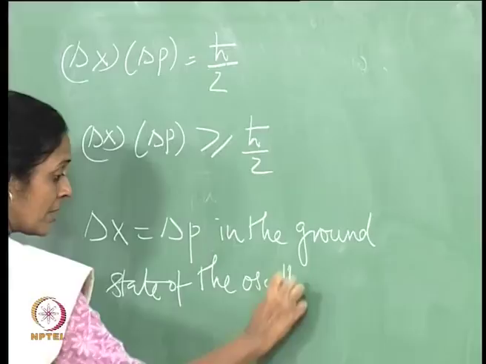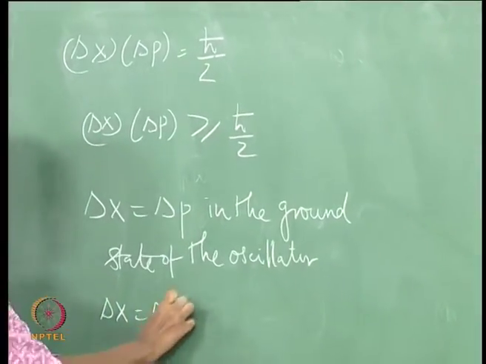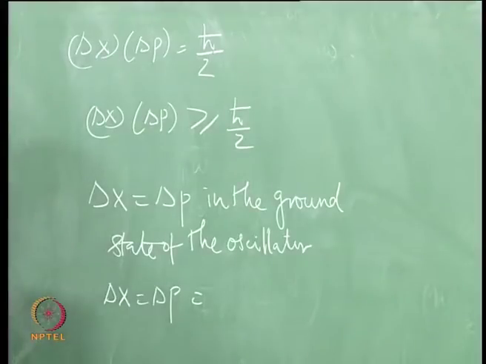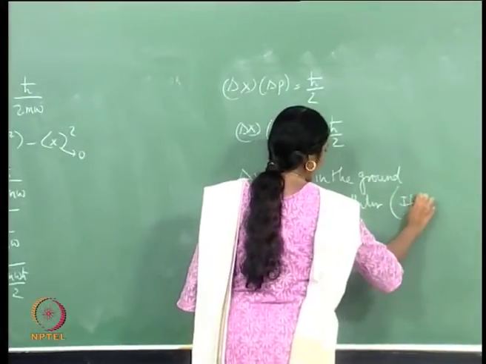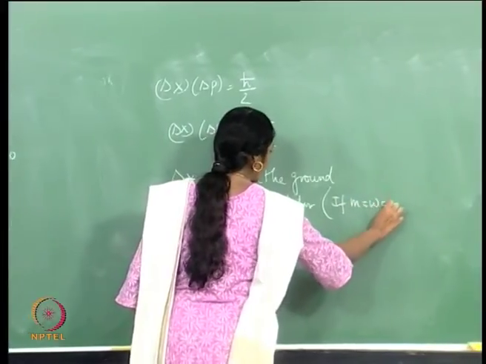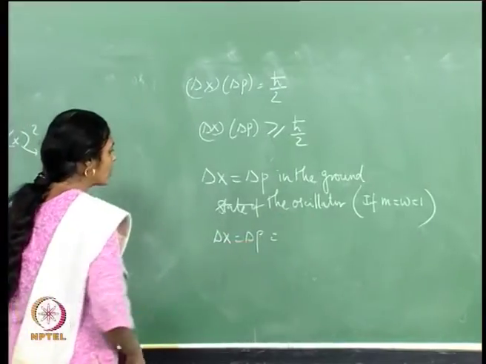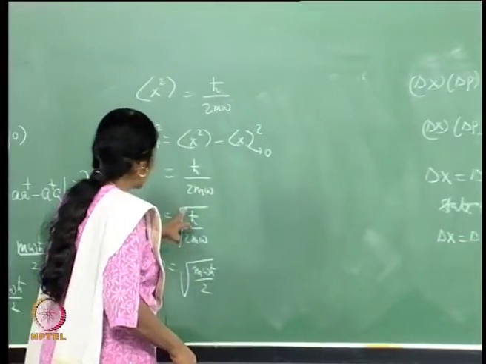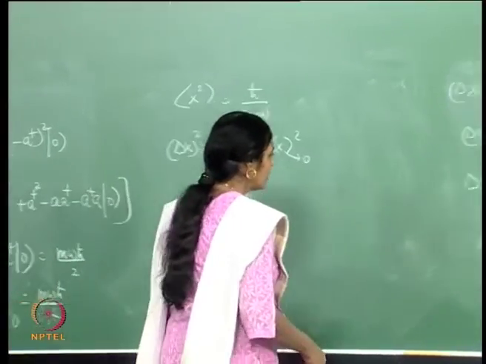It is a minimum uncertainty state, and delta x is equal to delta p is equal to, in natural units, if m is equal to omega equal to 1. Of course, if I set h cross equal to 1, that just gives me a root of 1 by 2 here and a root of 1 by 2 there.